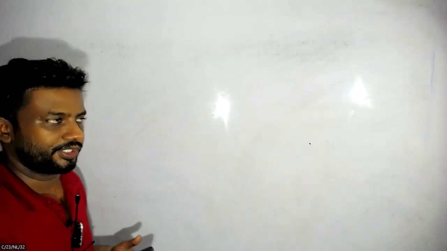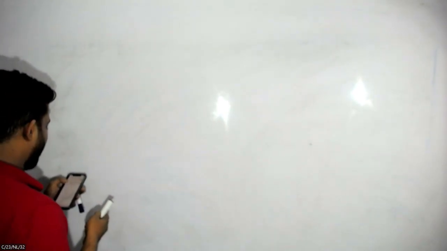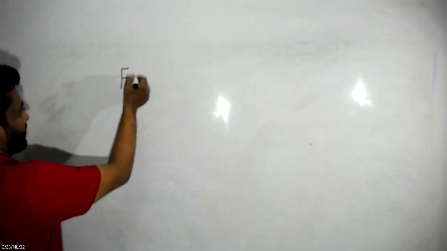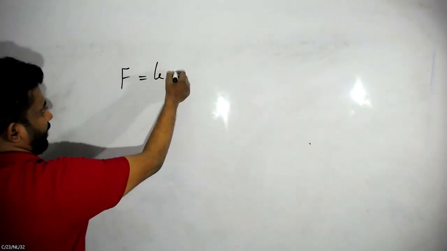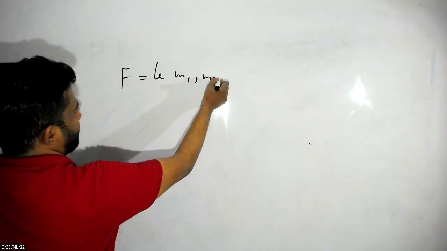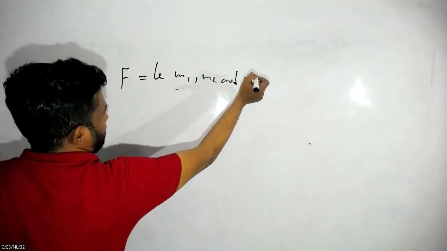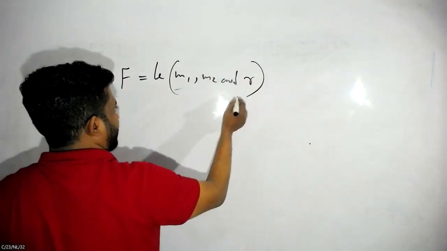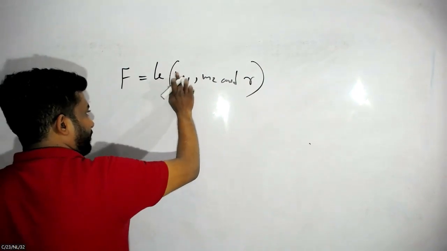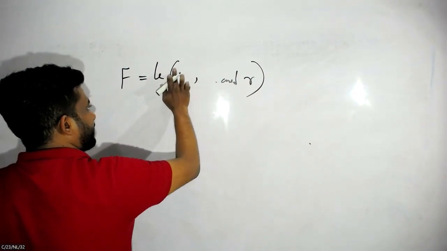Let me explain the question, Puthe. Then you can write the relation among the physical quantities K, M1, M2 and R. These are the physical quantities. You have to find them, not simple letters, right? They are capital letters, no?